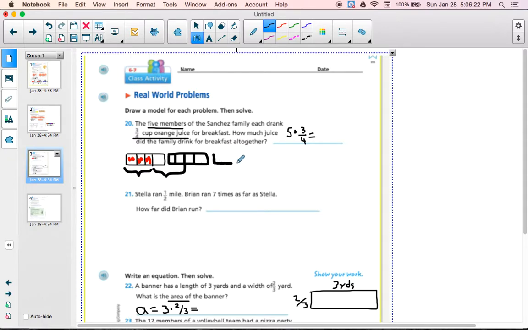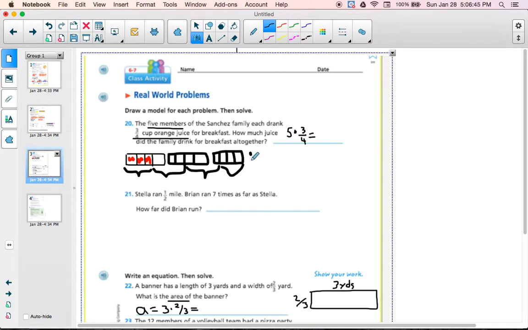Okay. Each time I draw a fraction bar, I need to make fourths out of it because that's what the denominator says. 1, 2, 3. I need another group of 3/4 right there. Here's a group of 3/4. Okay? So I've got 1, 2, 3, 4.